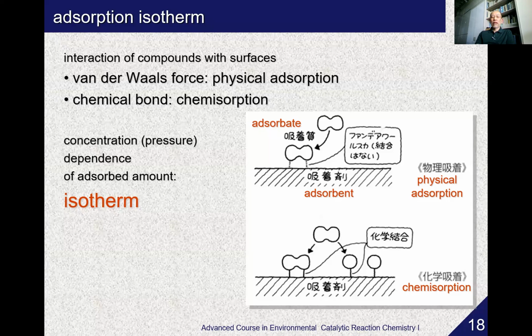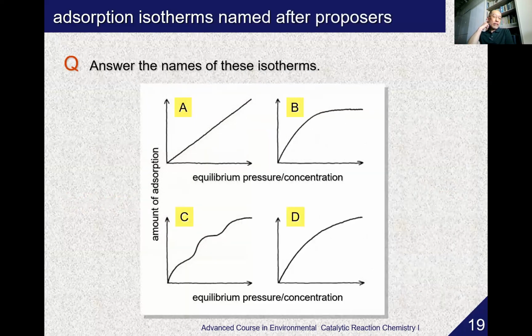So that means the x-axis is equilibrium pressure or equilibrium concentration. And here, the four panels, four plots, have the same x-axis, the pressure or concentration.